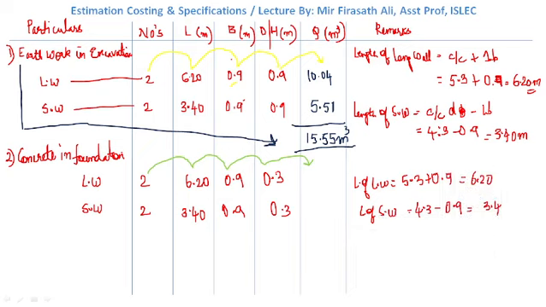Concrete in foundation: 2 into 6.20 into 0.9 into 0.3. The value will be 3.35 over here, and 2 into 3.4 into 0.9 into 0.3 is 1.83.